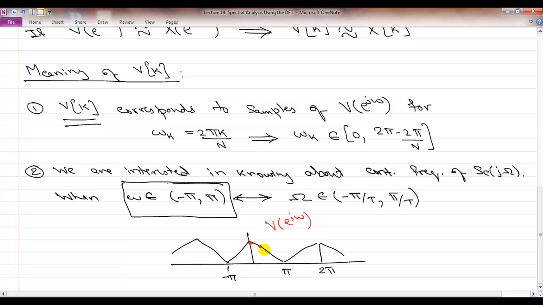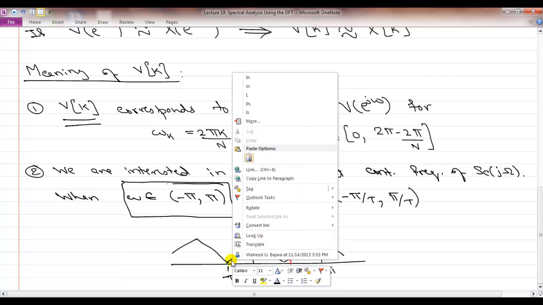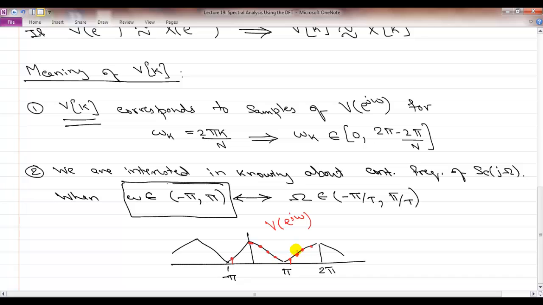So it samples here, here, here, here, and then it goes up to 2 pi minus 2 pi over N. But we also know, because of the periodicity, that when it samples at this point, that is the same as the sample at this point. So this sample is the same as this sample because of the periodicity. Similarly, this last sample is the same as this sample.